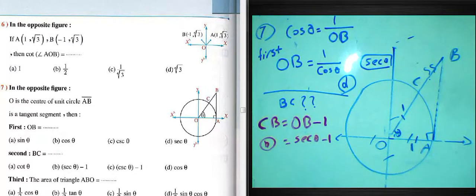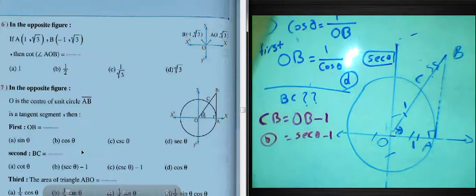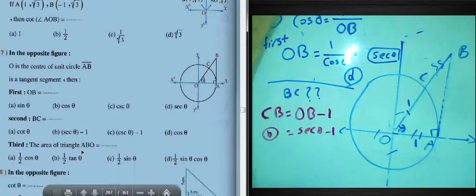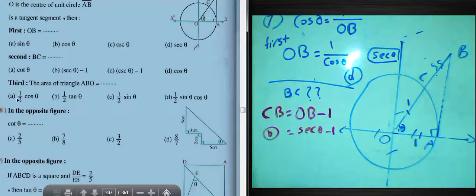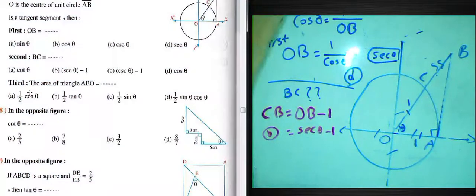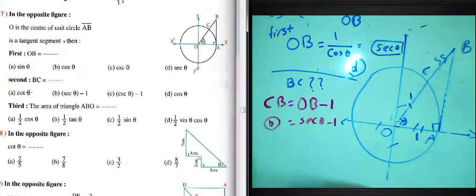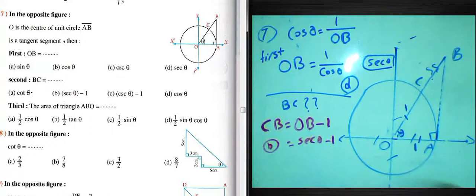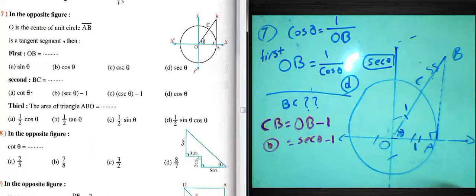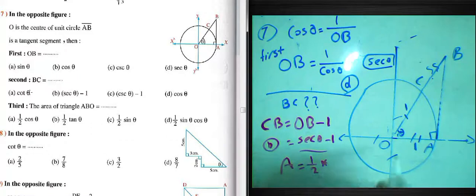Third, we want to find the area of the triangle. Pay attention with me. We'll clear it. Okay. Number 3, we want to find the area of the triangle. We know the area of a triangle equals half multiplied by base multiplied by height, AB.